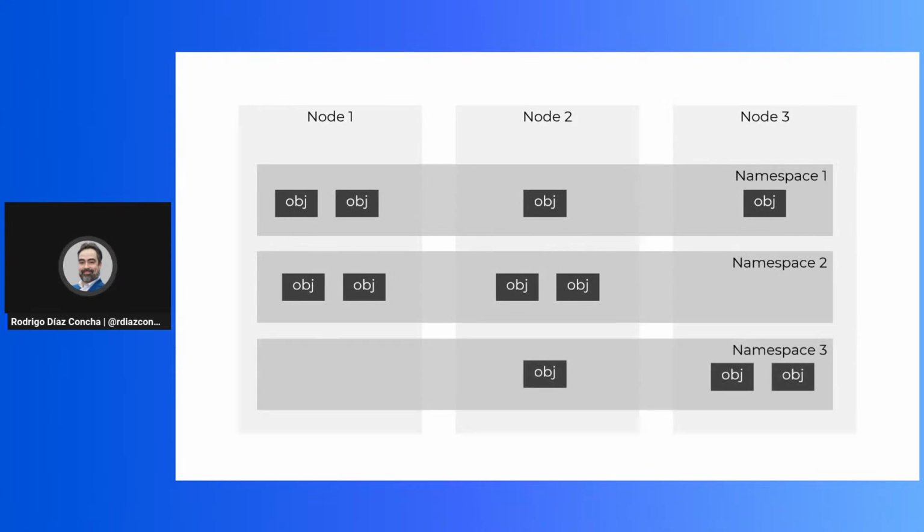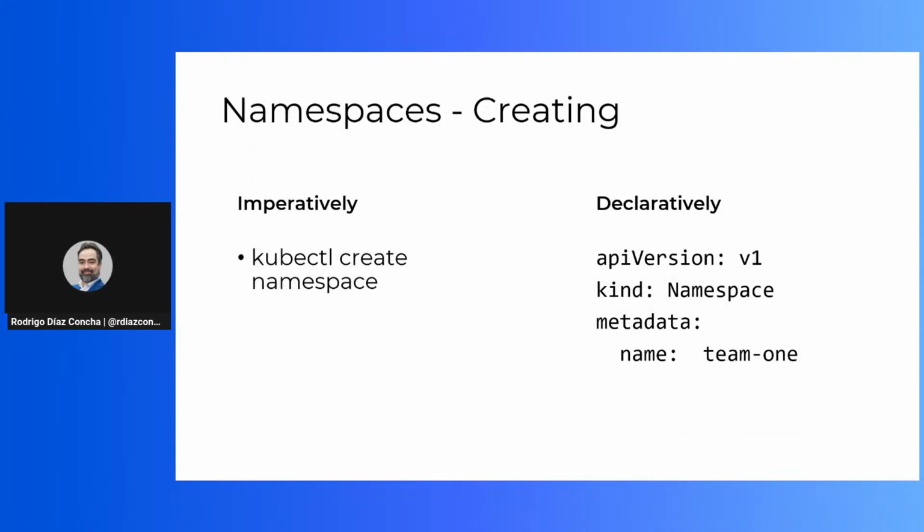So let's go right there. This is the way that you create a namespace the imperative way, by using kubectl create namespace, or just use a manifest file, okay? And then you use the namespace when creating objects.